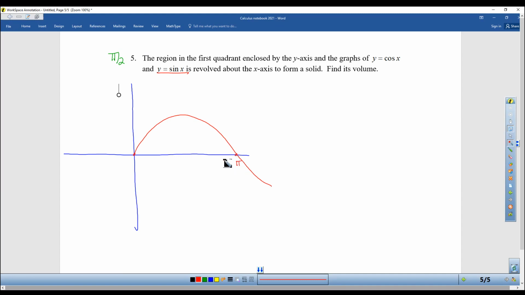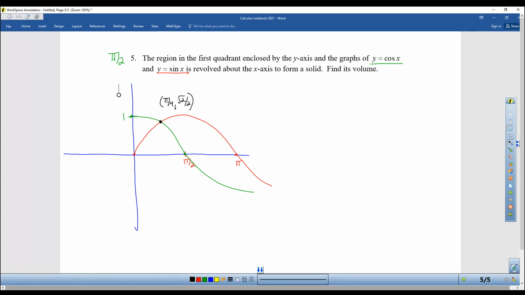This is pi, and this is pi halves. Cosine starts at 1 and goes down to pi halves, like this. And where is that point of intersection? That point of intersection happens at pi fourths, comma the square root of 2 over 2.